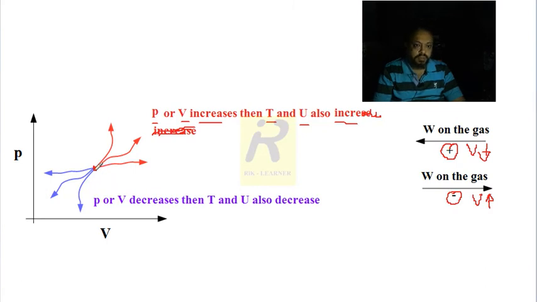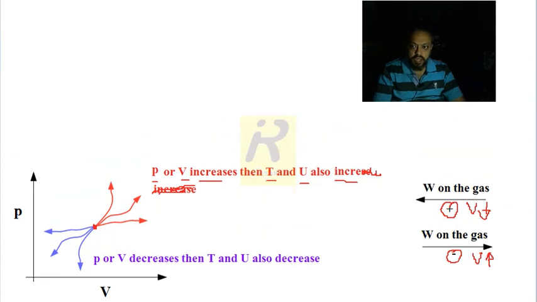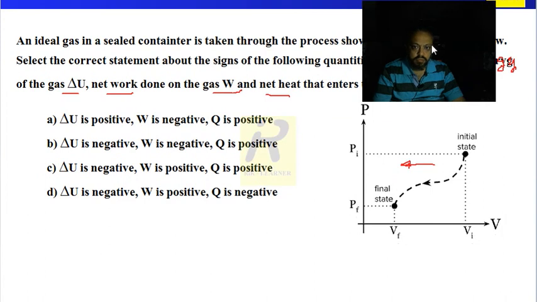So if the curve extends to your right, pressure and volume increase, and temperature and internal energy also increase. Otherwise, if the curve extends to your left, pressure or volume decreases, and temperature and internal energy also decrease. Observing all these conventions, let's come back to the main question.